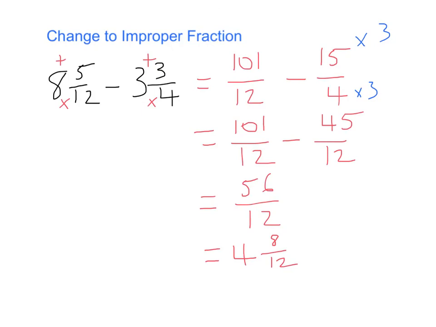Alright, so they can both be divided evenly by 4 to break it down to its simplest form. So it's 4 and 4 2s are 8, 4 3s are 12. Therefore, the simplest form and answer to this question is 4 and 2/3.